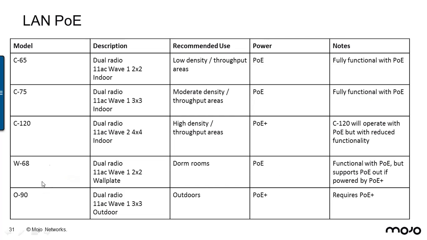However, the W68, which is the wall plate, really well suited for dorm rooms or hotel rooms, actually has PoE out on the ports. It's 4 ports out, but that would be only if it's operating powered on PoE plus. If it's powered on PoE, you wouldn't get the PoE out. And then we have the O90, which is an outdoor AP, and it requires PoE plus.